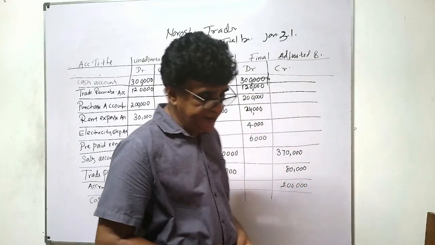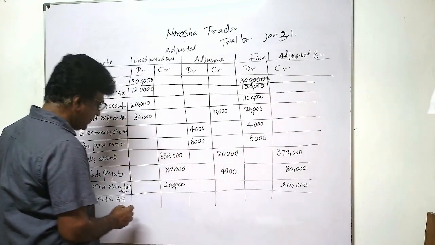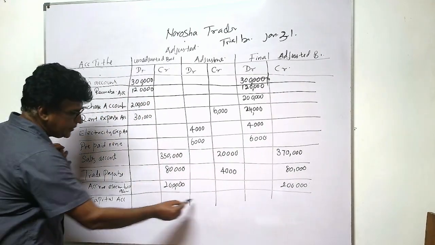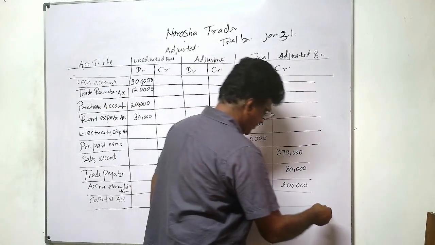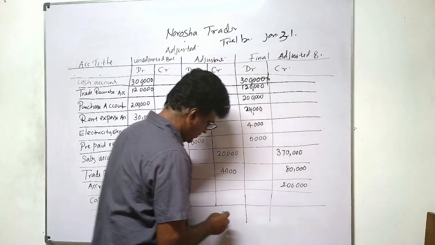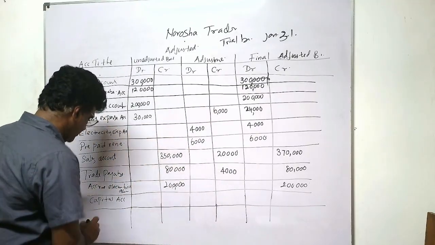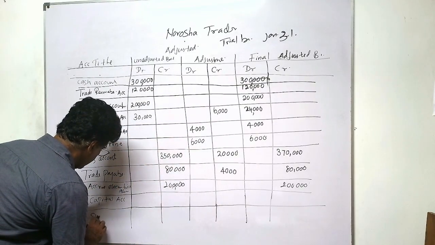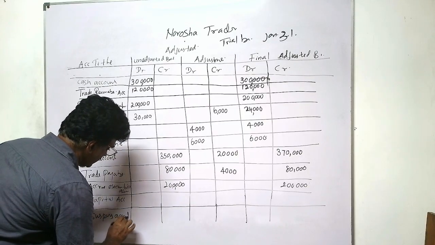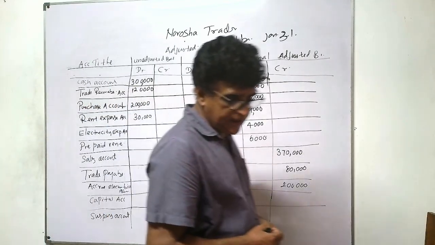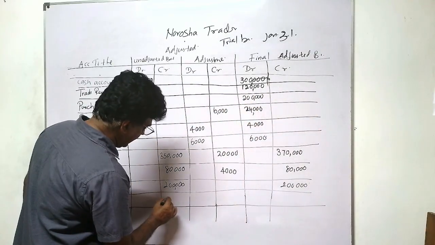Finally, we have the balance of the suspense account. We have a 20,000 credit balance.